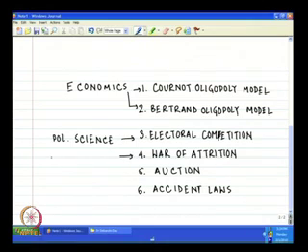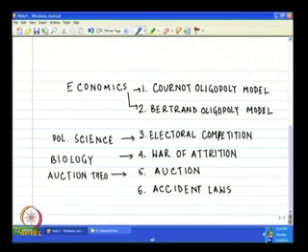This is mainly from biology. This is auction theory. Auction theory is studied as a part of economics itself, and finally this is law.